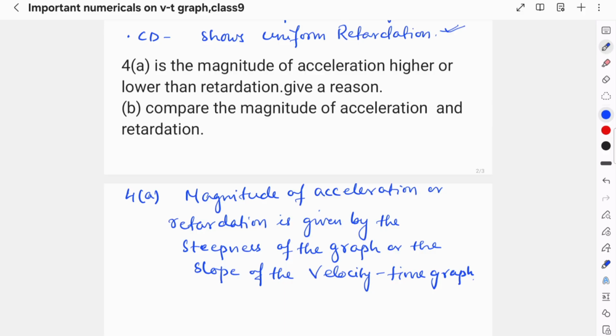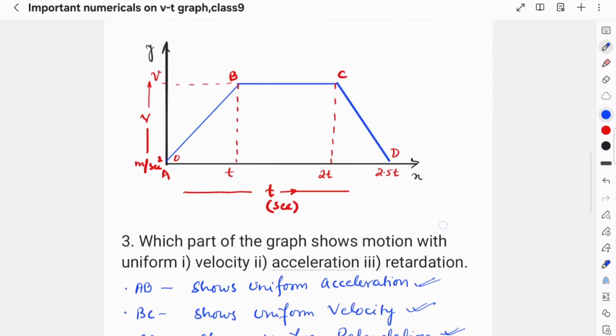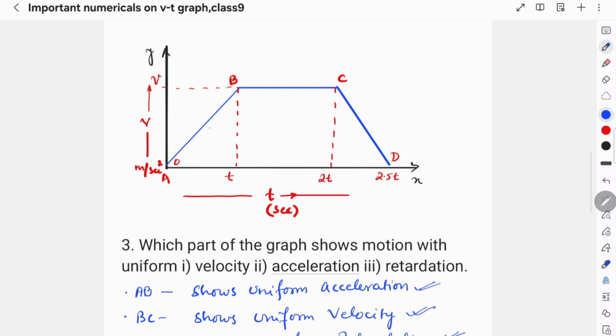So the magnitude of acceleration or retardation in a velocity time graph is given by the slope of the velocity time graph. So we need to find the slope for both the parts. So we need to find the slope of AB and we need to find the slope of CD.